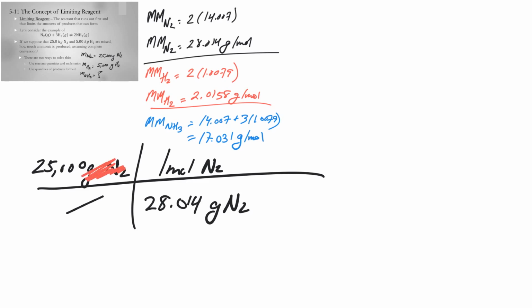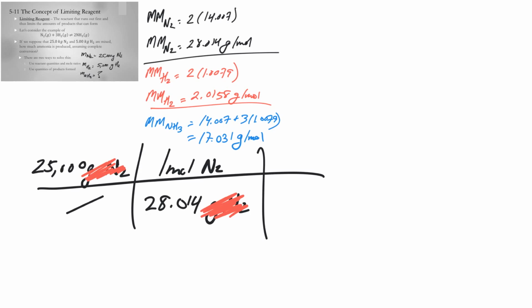Grams of nitrogen cancel out. And then it says there's 2 ways: use reactant quantities and mole ratios. So I'm going to leave it at that at this point.